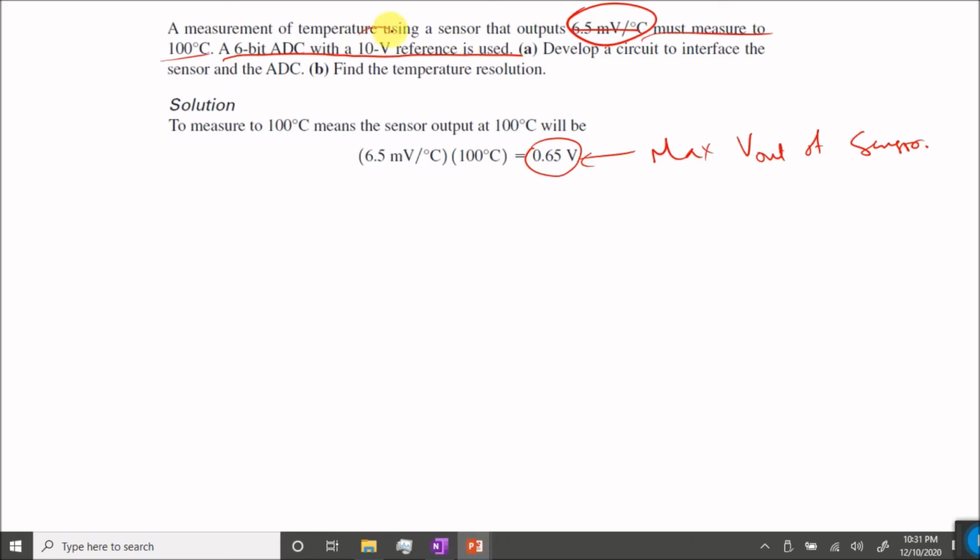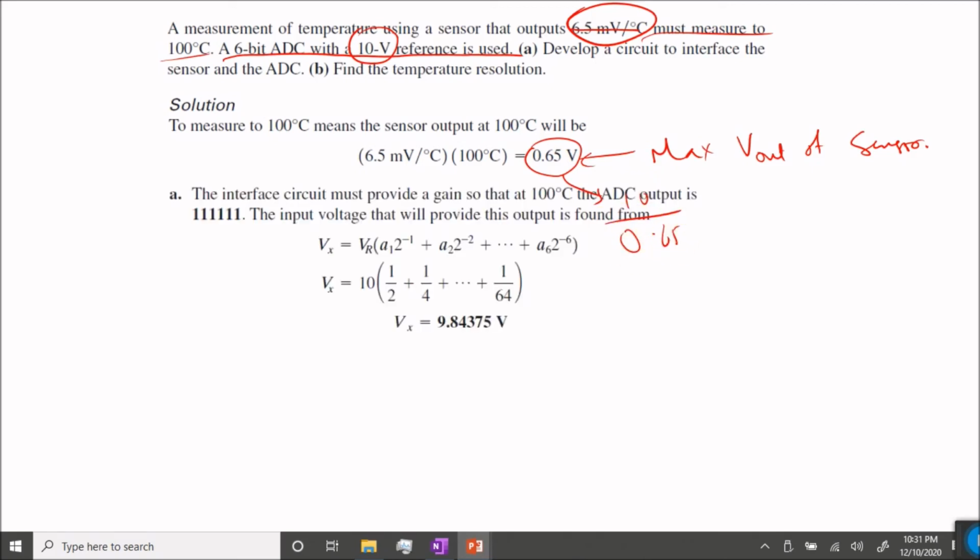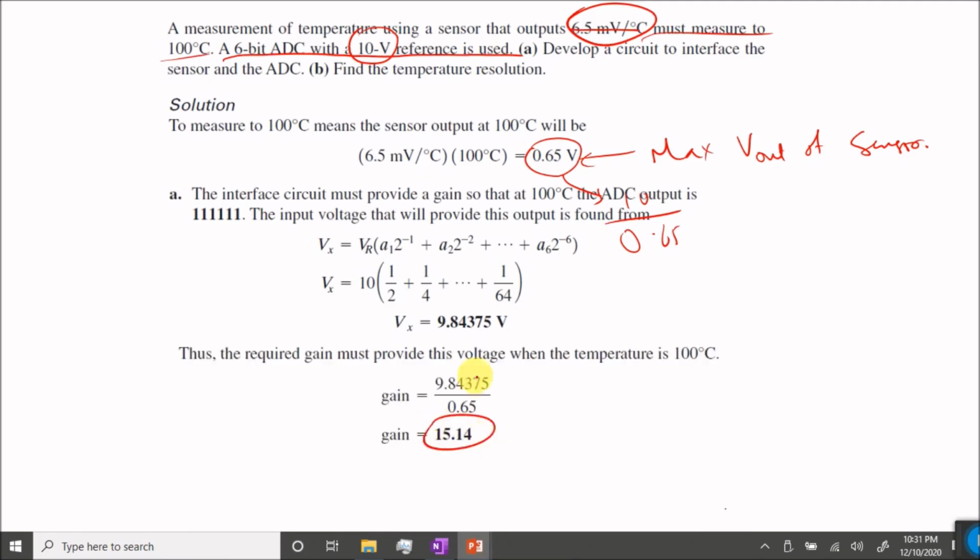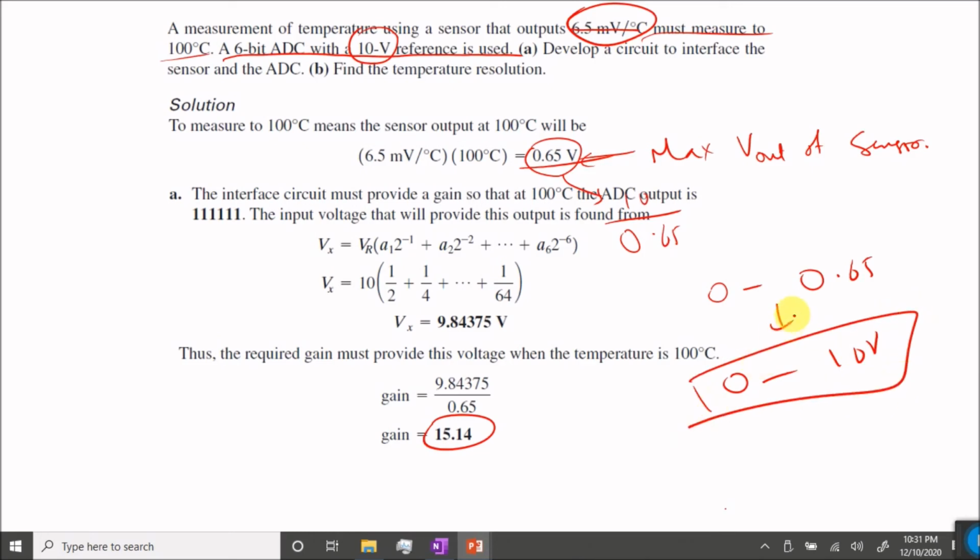That is 10 volts. So we have to convert this 0.65 volts into 10 volts. So we have to give it a gain of 10 over 0.65, and that is equal to 15. So first we will give it a gain of 15 and convert it from 0.65 volts to 0 to 10 volts to utilize the full range of the ADC as we discussed earlier.